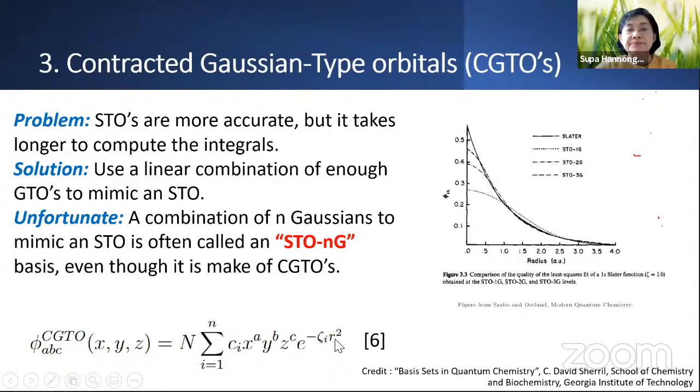If you know about the Cartesian coordinate, the coefficient, and the normalization factor, you can have the complete equation. If you are interested, you can learn more about the STO-NG.